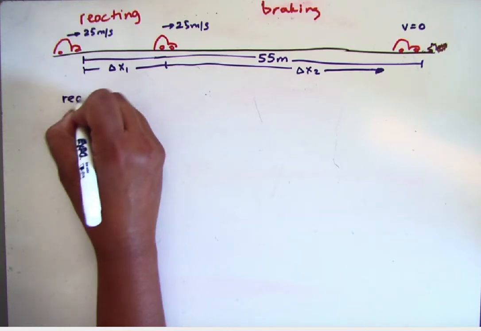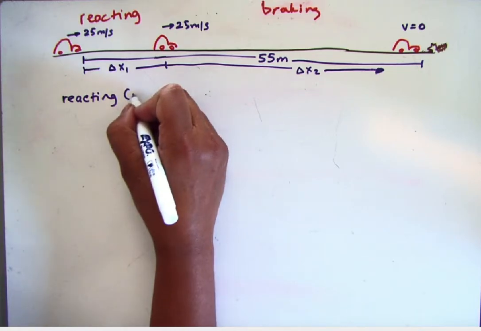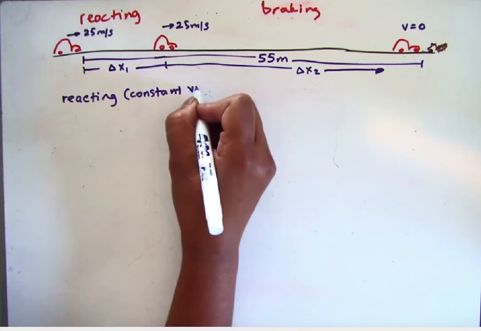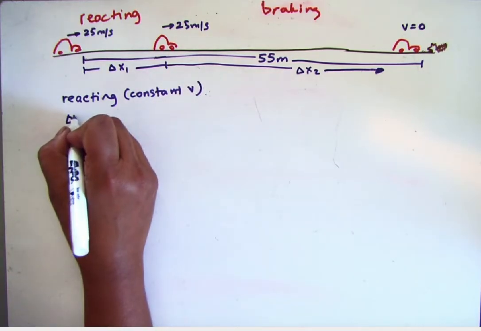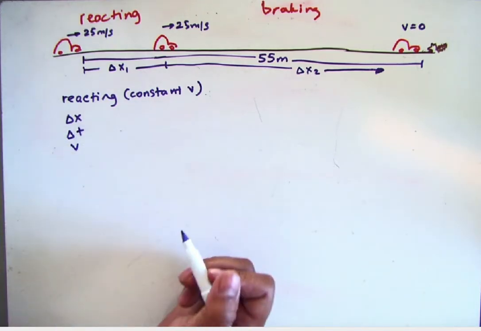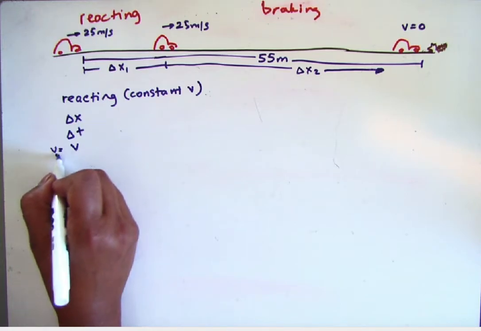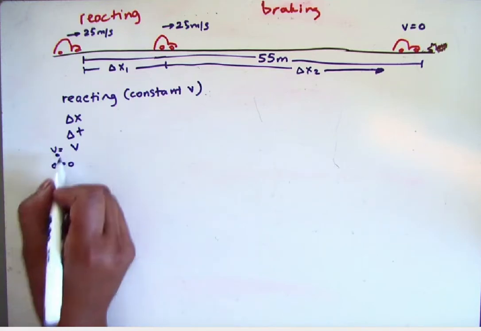During the reacting phase, we have a constant speed, constant v, right? And so what that means is I can describe my motion fully by only three variables, delta x, delta t, and v. Because if you think about it, v equals v naught is equal to v, and a is just equal to 0. So we don't even need these three things.